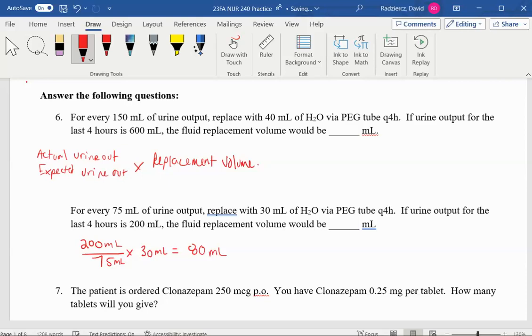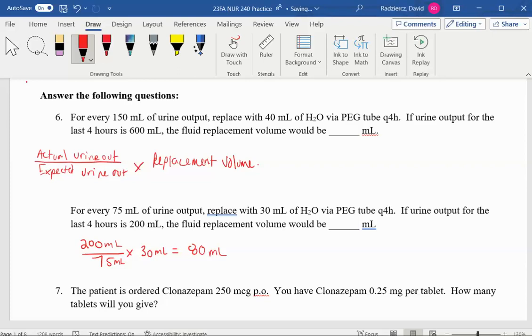You can argue that this is dimensional analysis, or ratio proportion, but if you follow this formula, you'll get this type of question right every single time.